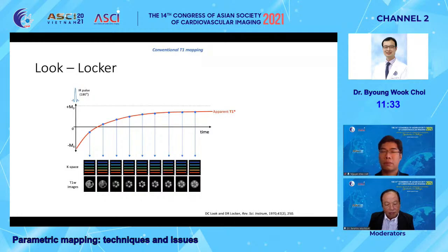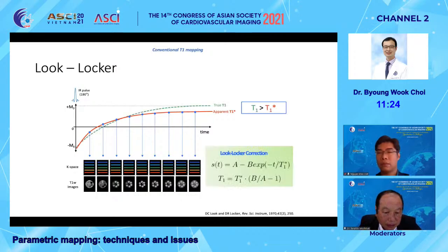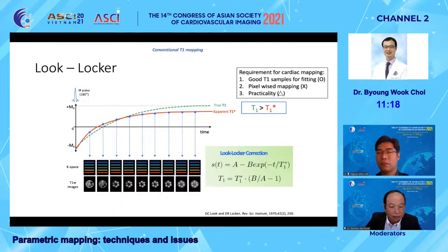T1 star is usually less than the true T1. T1 star could be and should be corrected by applying a Look-Locker correction with this formula. So, the Look-Locker method achieves better practicality, but still pixel-based mapping is not possible for a moving heart.